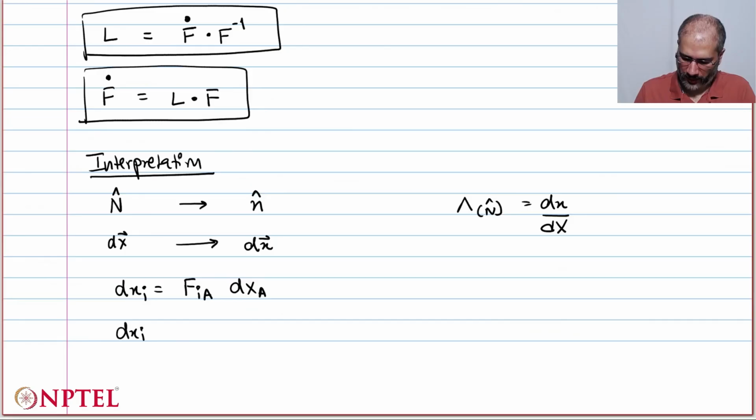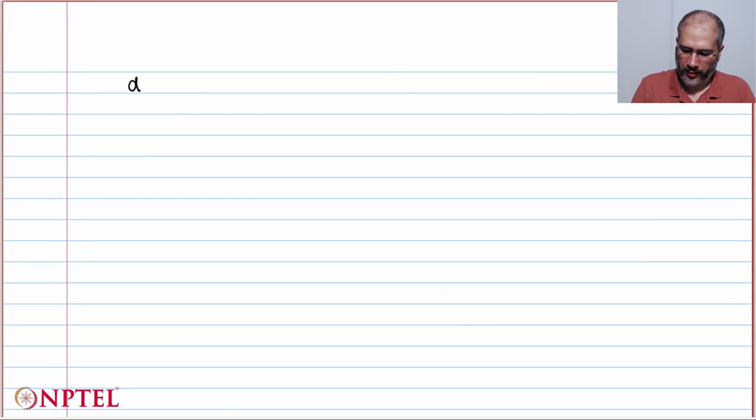With this dxi, I multiply by the magnitude dx and divide by the same quantity, and on the right hand side, I multiply by the magnitude d capital X and divide by d capital X. So this gives me d small x times the vector ni equals F_iA times d capital X times the vector capital N_A.